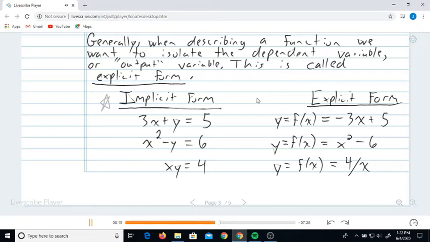And assuming y is a function of x, when you get y by itself, you can just replace the y with function notation. So what you can see here is just a bunch of explicit forms where we got y by itself. And as I've just mentioned, once y is by itself, assuming you have a singular output, you can switch it to function notation.